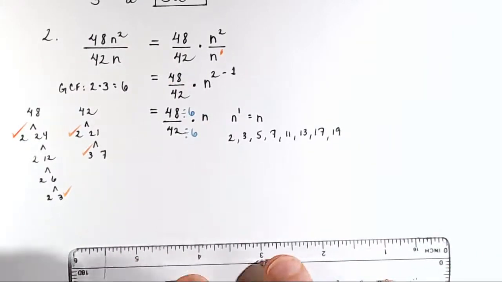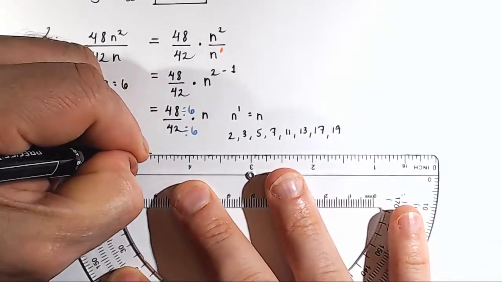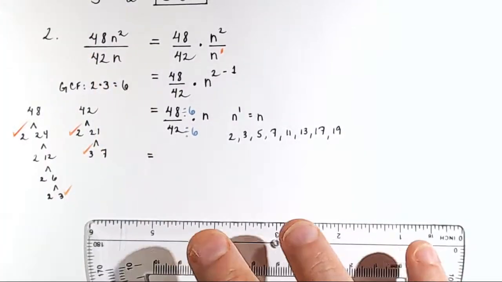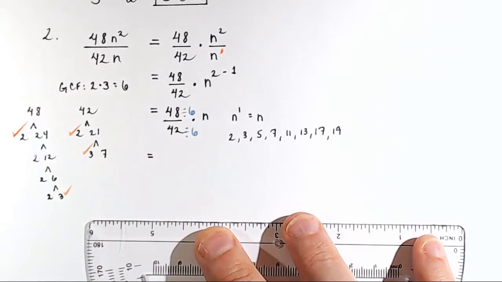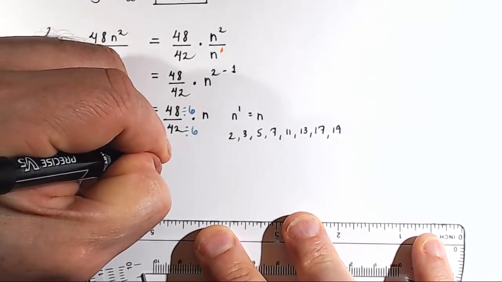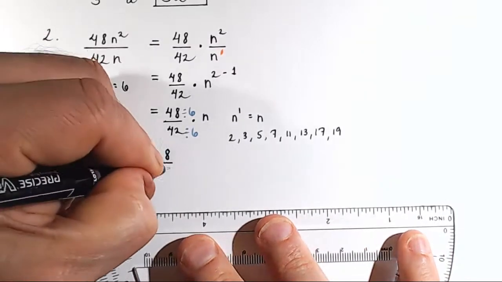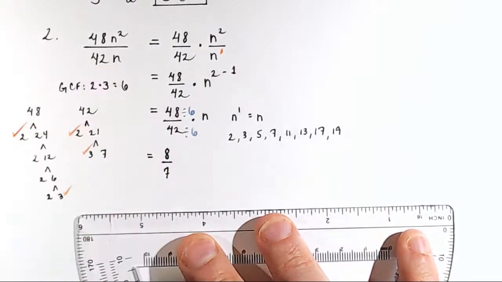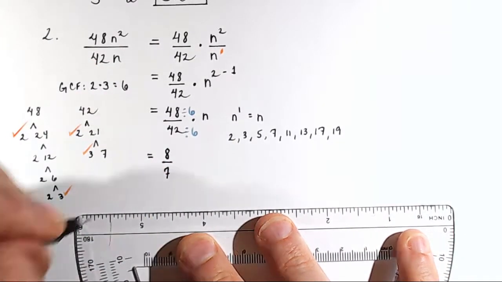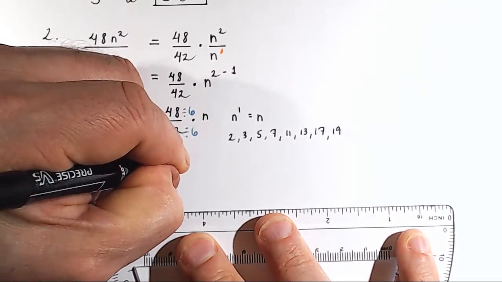Let's write the next step. This equals 48 divided by 6, which is 8, over 42 divided by 6, which is 7, times n.